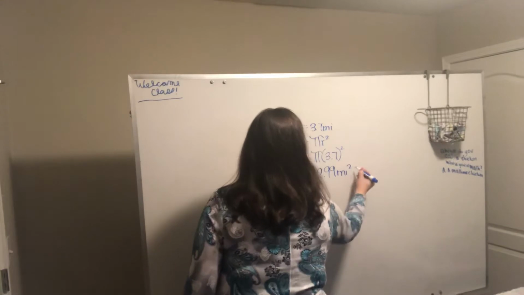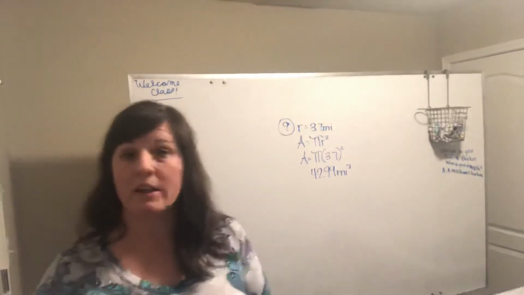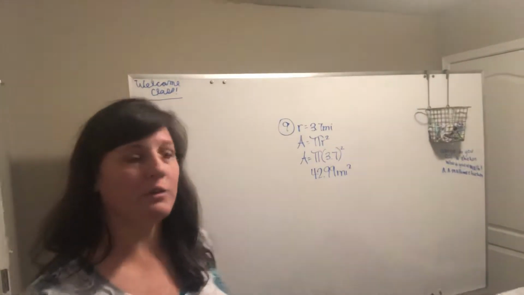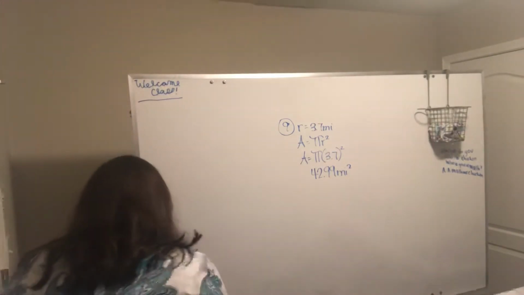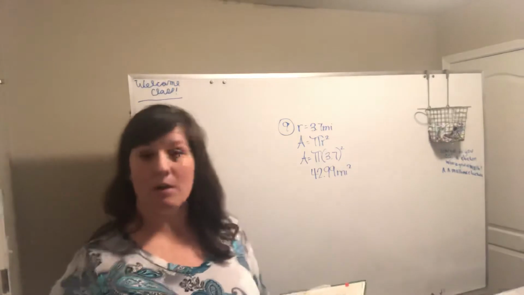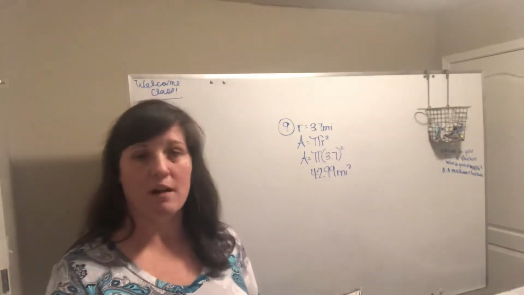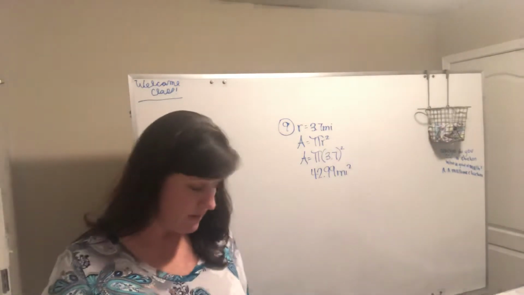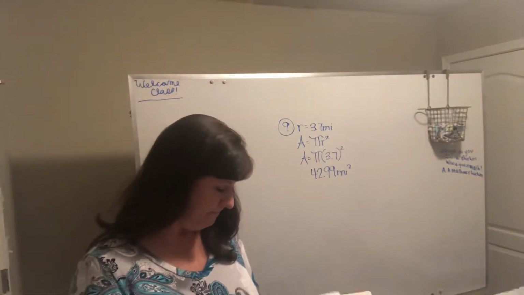Anytime you're using area, your label is miles squared, or whatever the measurement is, miles, meters, whatever. And use the squared. Okay? If it doesn't tell you to round, be careful not to round. If it tells you to round to the nearest hundredth, do that. But if it doesn't tell you, be careful about that.